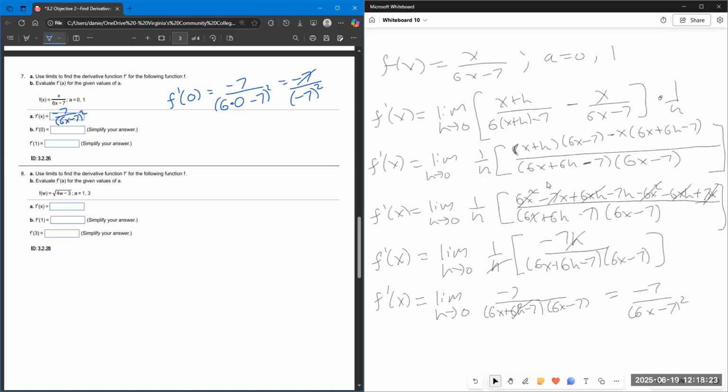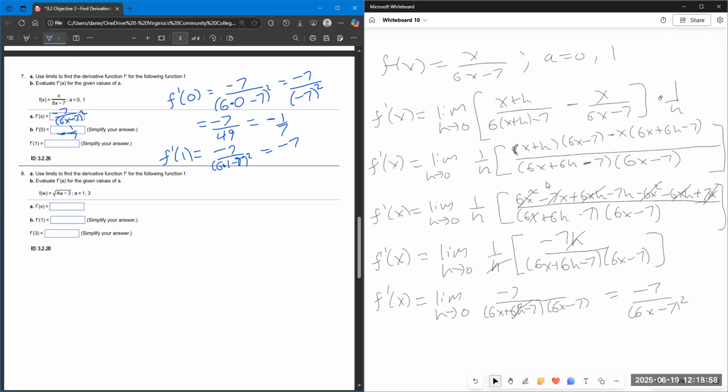That will be negative 7 over a positive 49, which is negative 1/7. f prime of 1 is negative 7 over 6 times 1 minus 7 quantity squared.